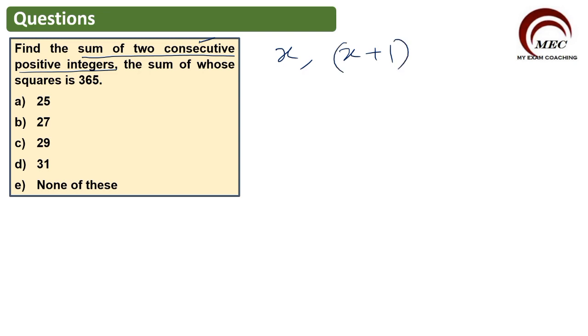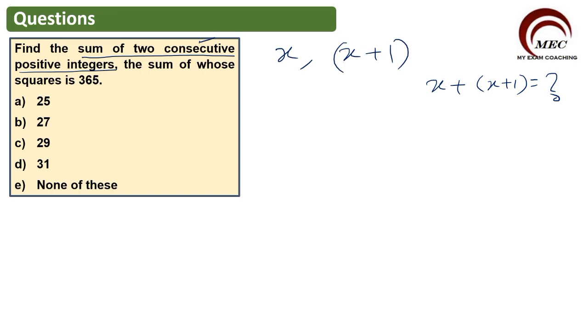What is given? Find the sum of two consecutive positive integers, the sum of whose squares is 365. We have to find the sum, that is x plus x plus 1. This is what we need to find out. But what is given?